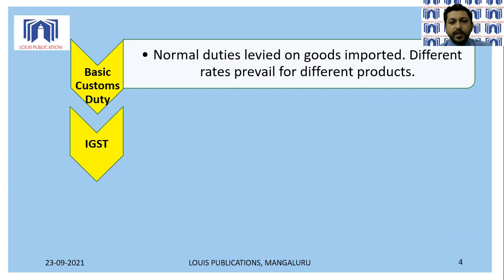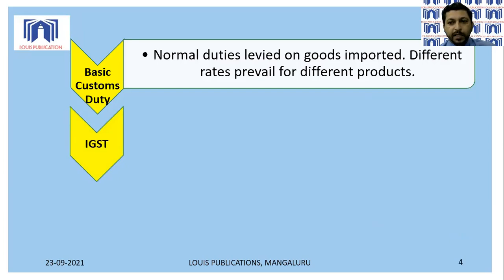Next is IGST, that is Integrated Goods and Service Tax. One basic thing that we need to understand is when goods are imported under GST, it is treated as an interstate supply. And as far as interstate supply is concerned, we levy IGST. Now, a very important and interesting point under imports into India is the supplier need not be registered under GST.